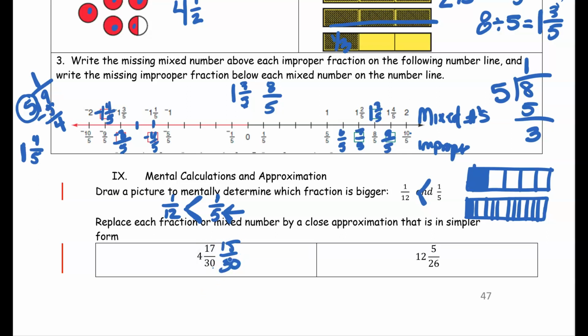So if this was 15 over 30, then it would be approximately 4.5. So that's pretty close. 12 and 5/26, 26 is really close to 25. So I could say this is approximately 12 and 5/25ths, which is the same thing as 12 and 1/5 if I were to reduce this by dividing both by 5.